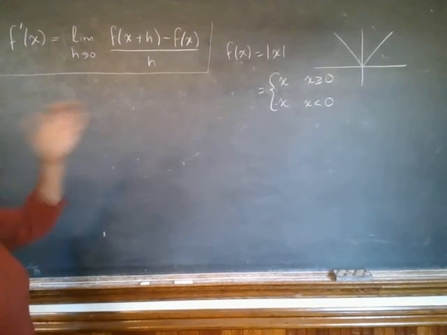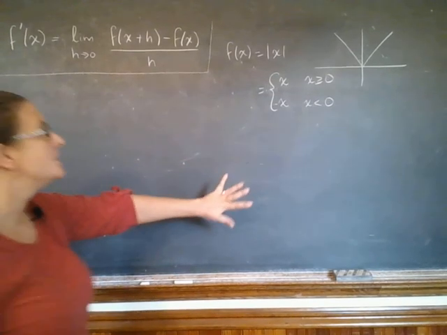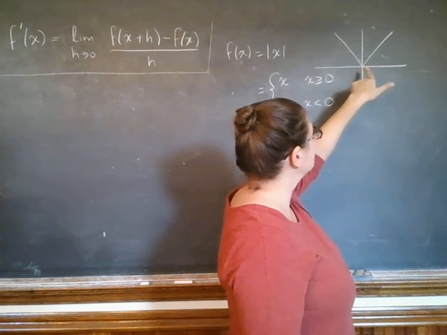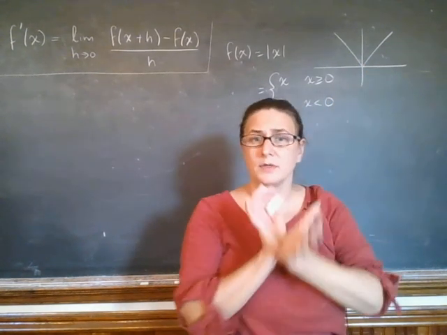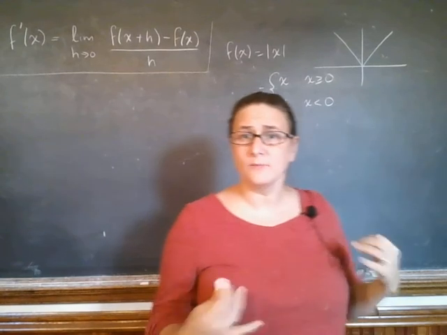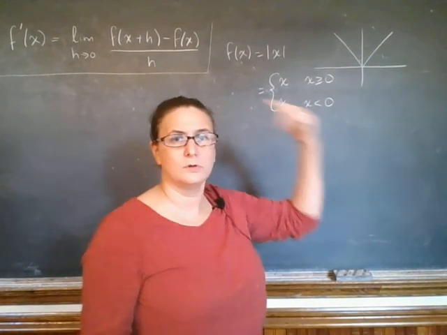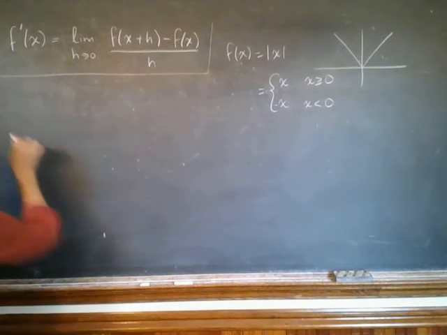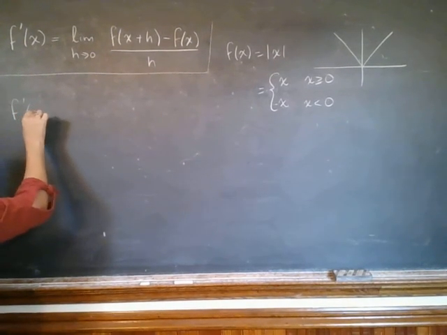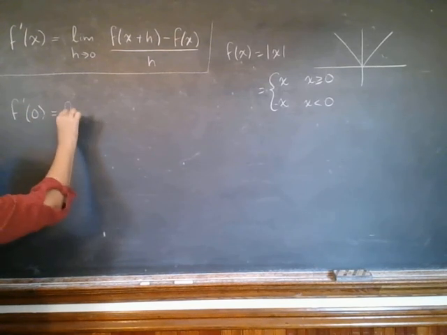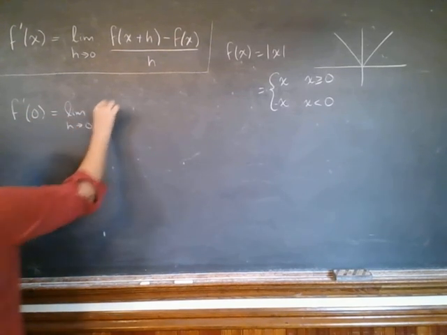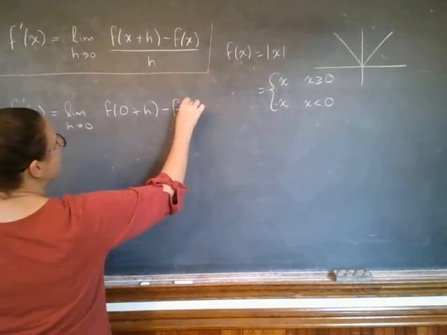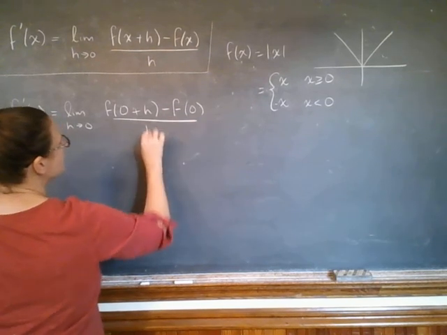And you can tell already from what we've discussed that the derivative of this is going to be fine, except at 0, because 0 is where the corner is. Okay? So rather than do the general derivative, I'm just going to look at the derivative at 0. So if I write this up, f prime of 0, then I have f of 0 plus h minus f of 0 over h.